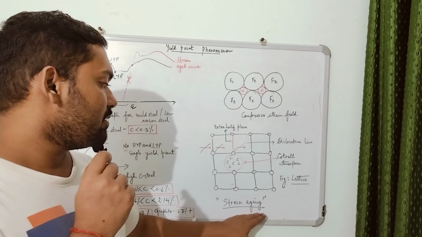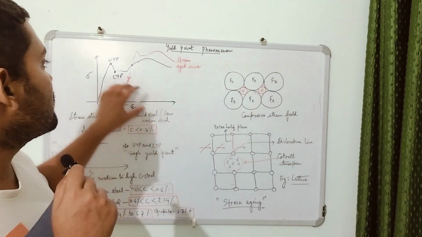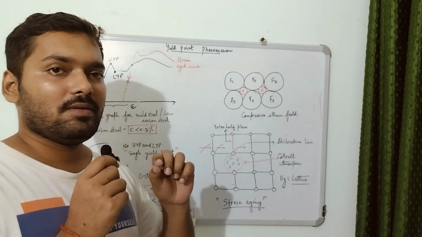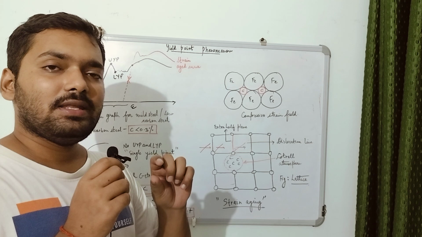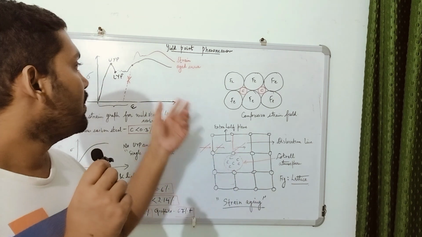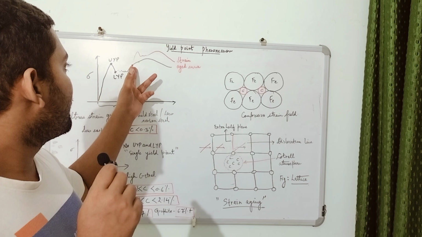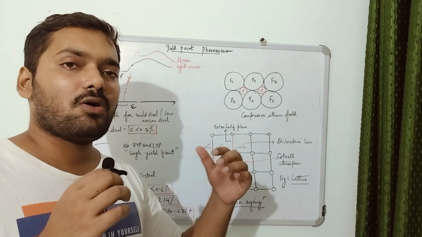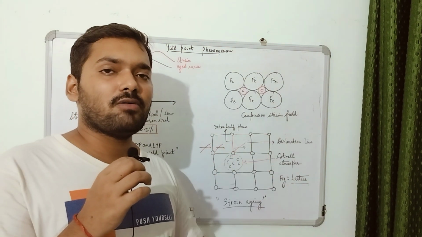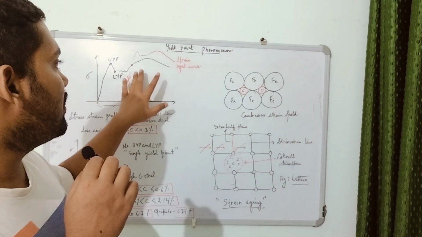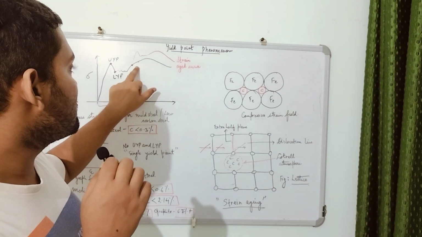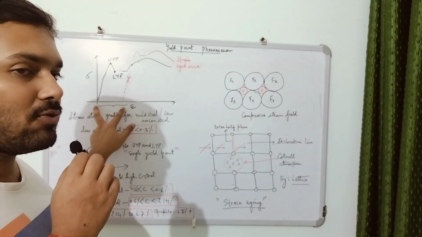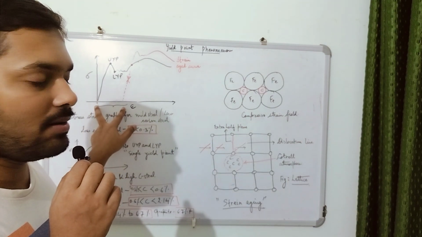Now talking about this term, what is strain aging? Suppose I apply some stress on an object. If I suddenly release that stress, and the object has undergone plastic deformation, then the stress value will suddenly drop to 0, but a permanent deformation will be formed in that material.